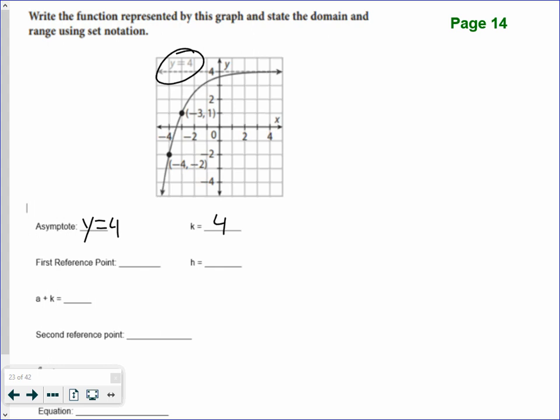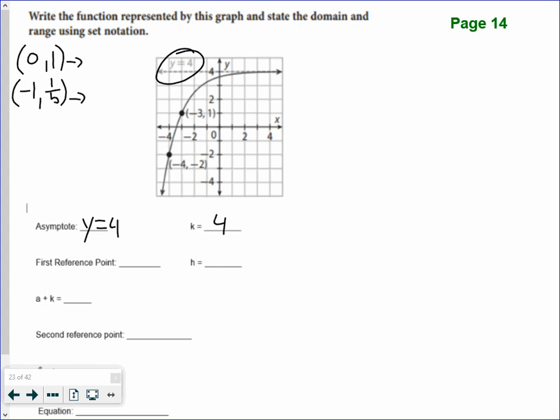For our reference points, before we start filling these out, we need to figure out which parent function point goes with which reference point in our graph. So our two parent function points that transform into our points on the graph are (0, 1) and (-1, 1 over b).